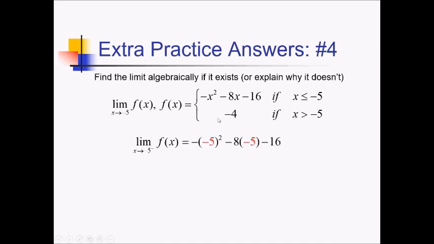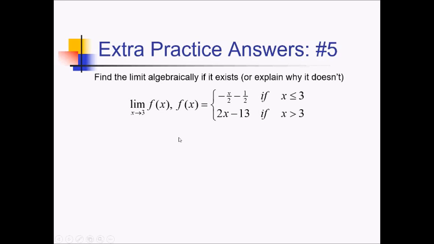Using a little PEMDAS, this is going to be negative 25 plus 40, which is 15. And then minus 16 gives us negative 1 overall. For this second rule, using the right-sided limit at negative 5, we're automatically just going to get back negative 4. Since that doesn't match the left-sided limit, our overall limit at negative 5 does not exist.